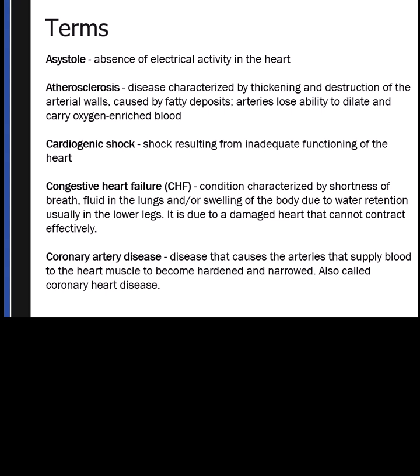Period. Okay. But again, atherosclerosis is caused by two things. Number one, we begin to get deposits of cholesterol and fat that link up onto the walls, the tunica intima, the walls of the artery.